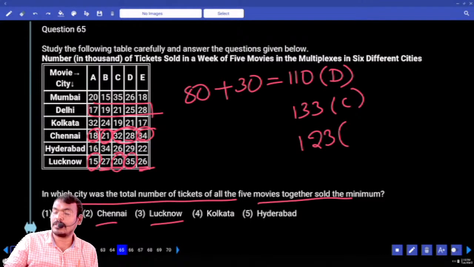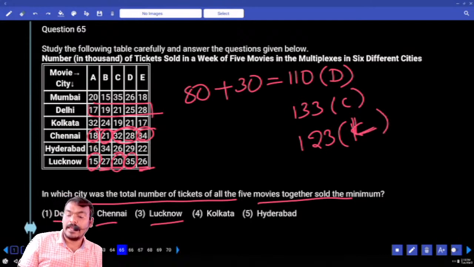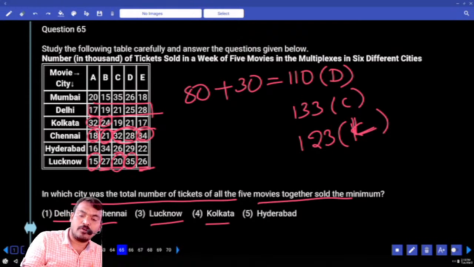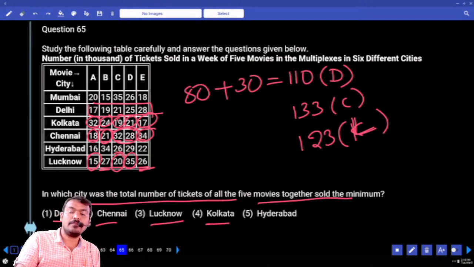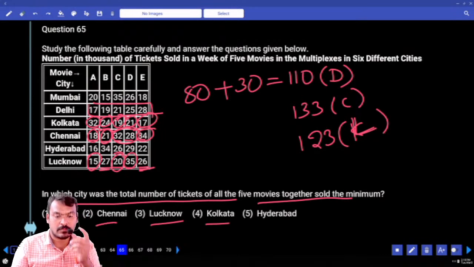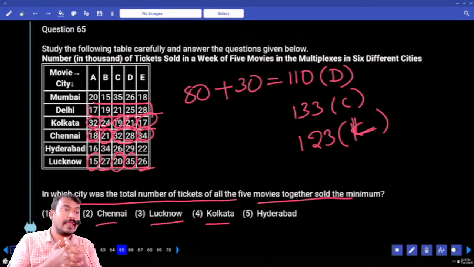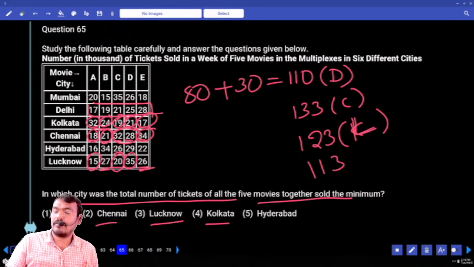123. That 123 is Lucknow. Next one, Kolkata: 32, 24, 19, 21 and 17. 19 plus 21, 40. 40 plus 24, 64. 64 plus 32, 96. 96 plus 17, 113. That 113 is Kolkata.